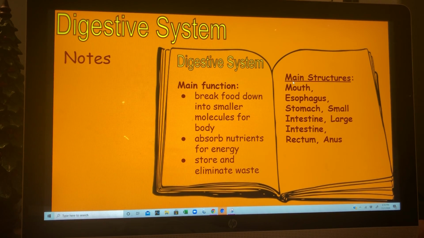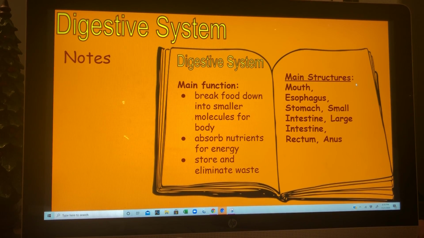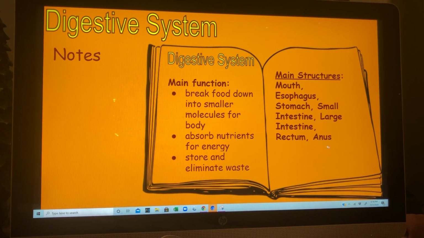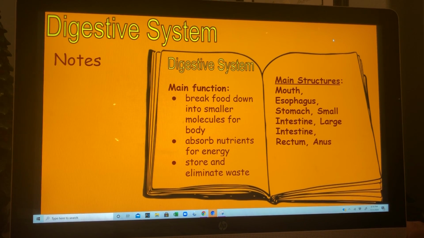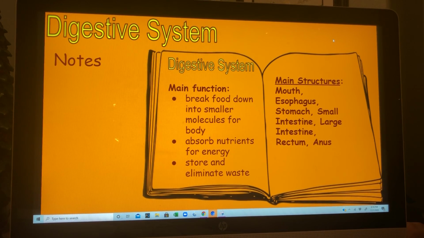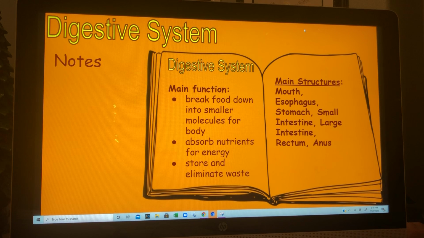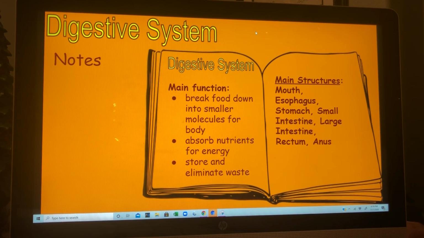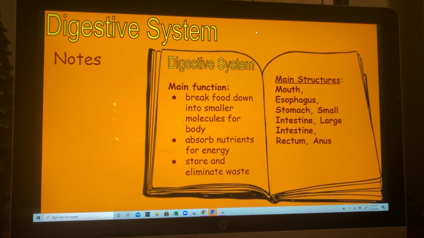On the next page, write down the main structures of the digestive system: mouth, esophagus, stomach, small intestine, large intestine, rectum, and anus. At any time during this video, if you need extra time to continue to write down your notes, you can press pause on the video and then push play when you are ready to move on.